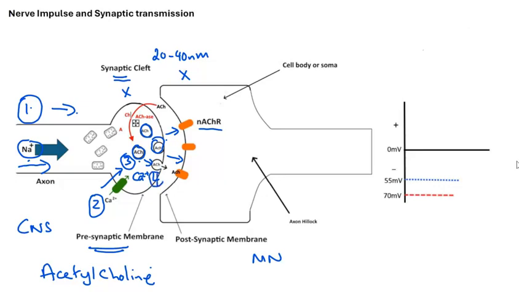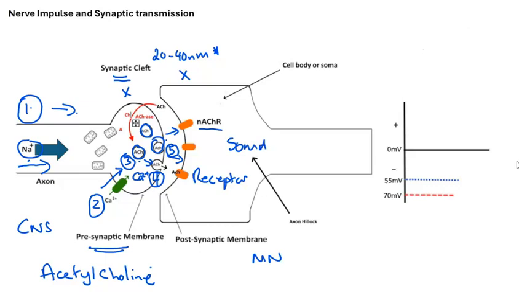Let's call that number 4. Point number 5 is the diffusion of the transmitter substance acetylcholine across the synaptic cleft, which, as previously mentioned, is an incredibly short distance and is almost instantaneous. And there they encounter receptors in the cell membrane of the soma of the motor nerve in the cell body.